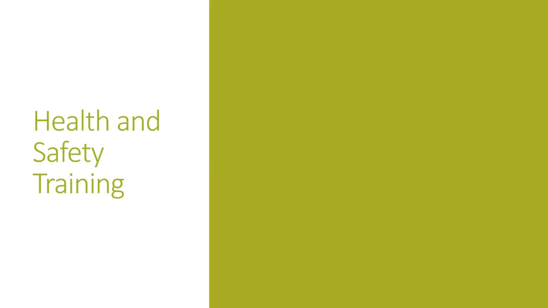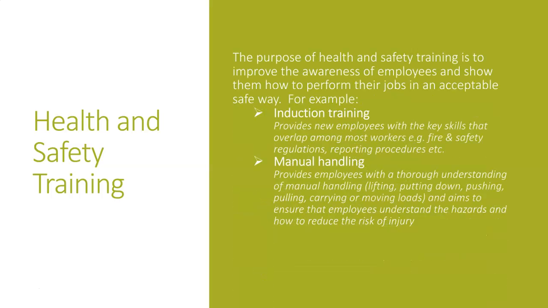Now this one is the second type, the health and safety training. The purpose of health and safety training is to improve the awareness of employees and show them how to perform their jobs in an acceptable, safe way.